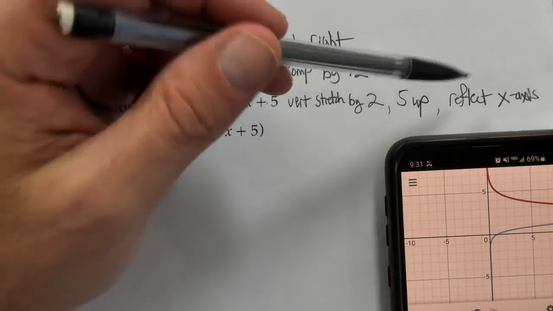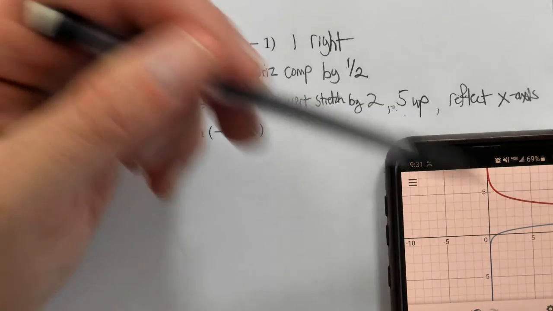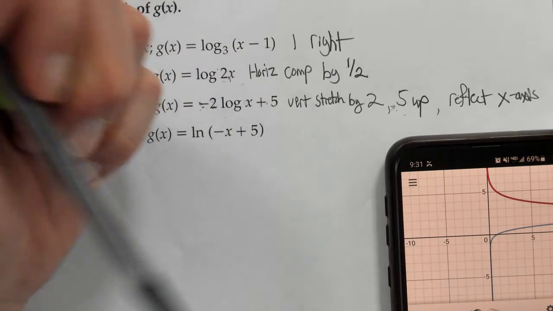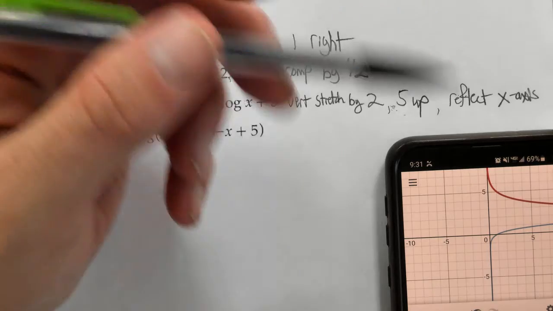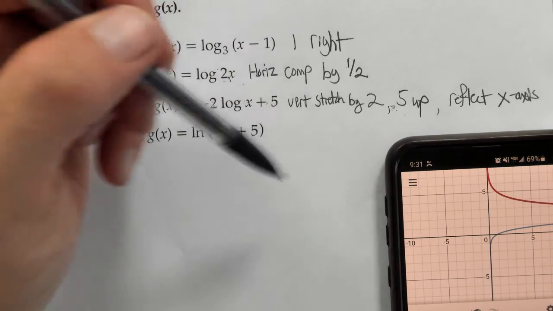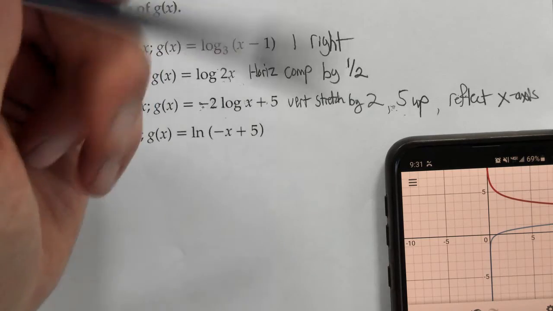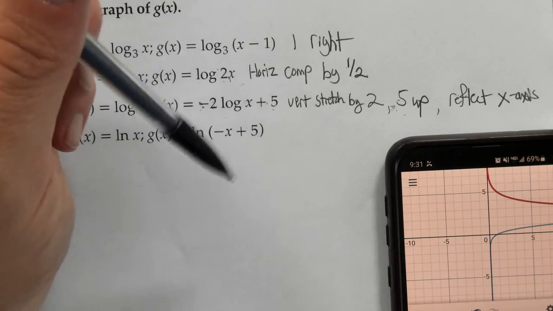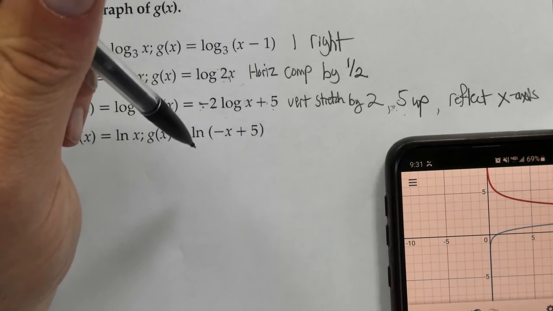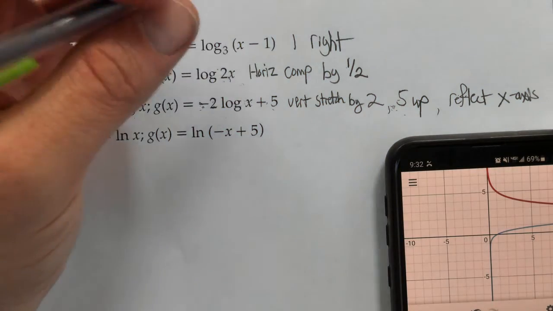And so now we have the correct movement. The up 5 part is the part that was missing there, right? And so now we got the vertical stretch in there correctly, the up 5, and then it's flipped through the x-axis. Okay, so now we've got everything in there done correctly, because I had input the 5 in the wrong place. I needed to correct that before I moved on.